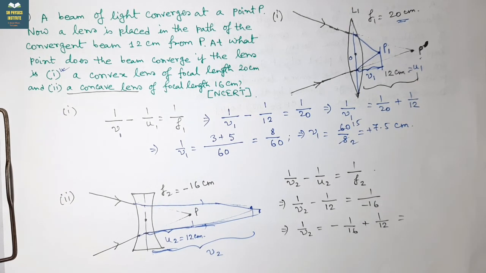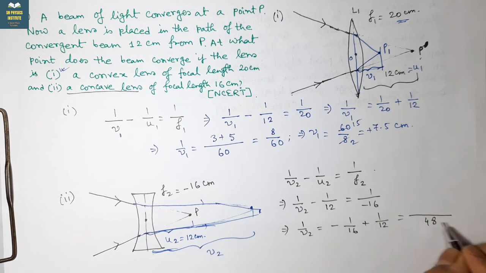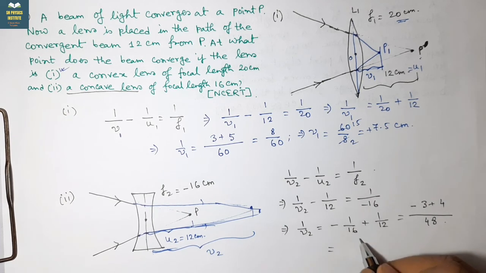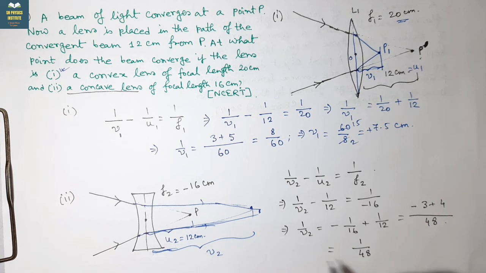The LCM is 48, so this is 3 and this is 4, that means 1 by 48.